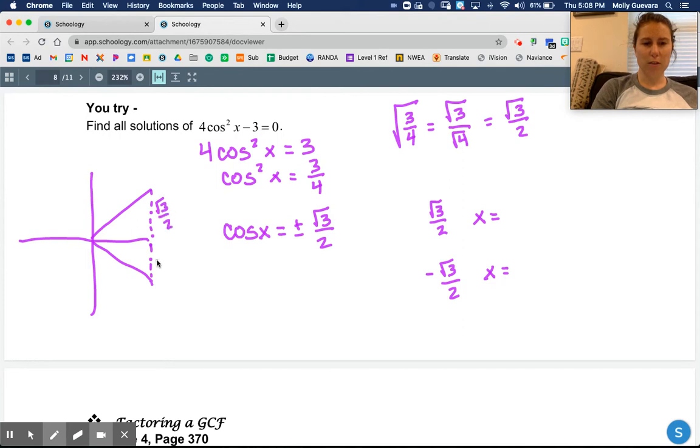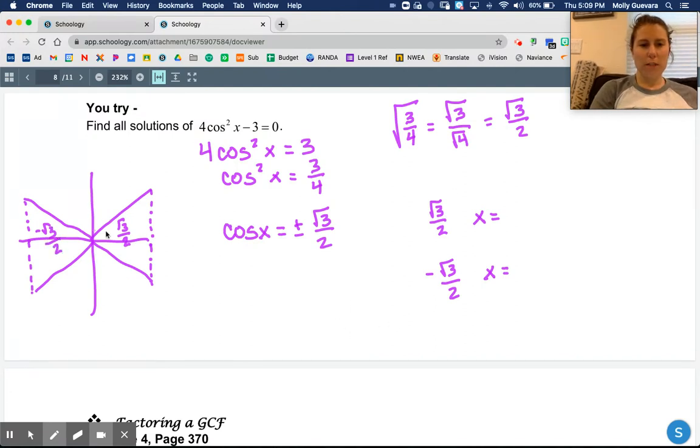This is, oops, I wrote it like sine. This is root 3 over 2. And then negative cosine is here in quadrant 2, in quadrant 3, and this is negative root 3 over 2.